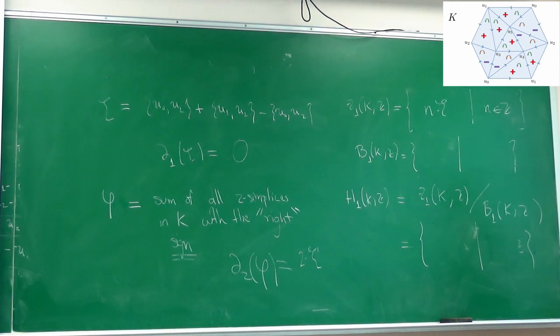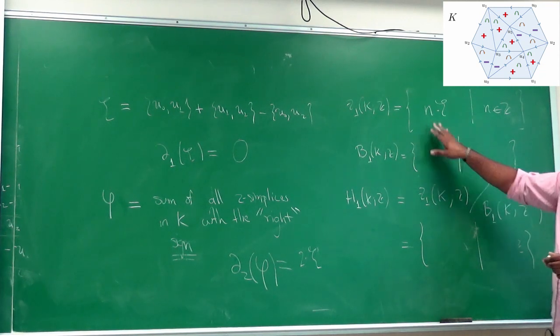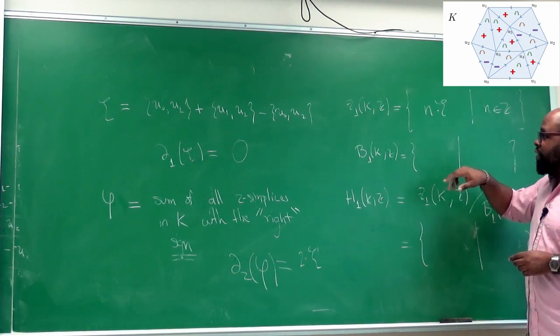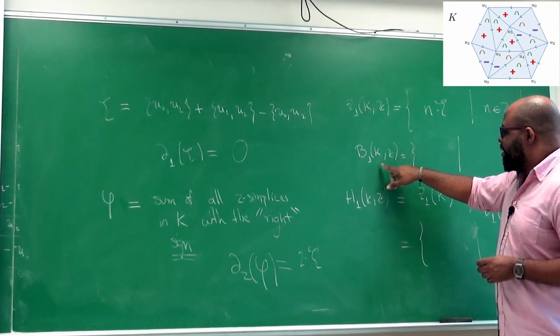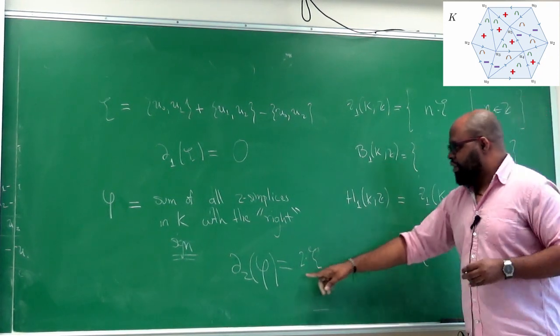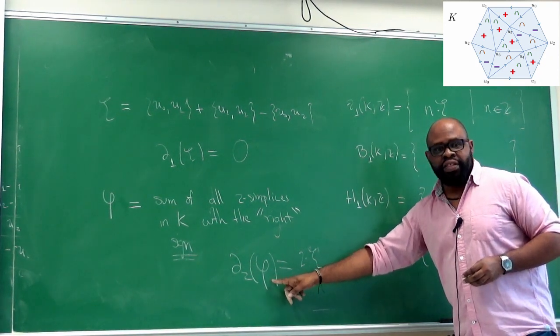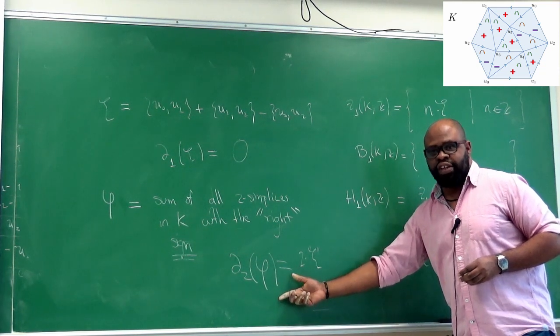Okay, one can do again the matrix reduction to make sure that what I'm saying is true. One can also check that the boundaries are also all generated by this phi.